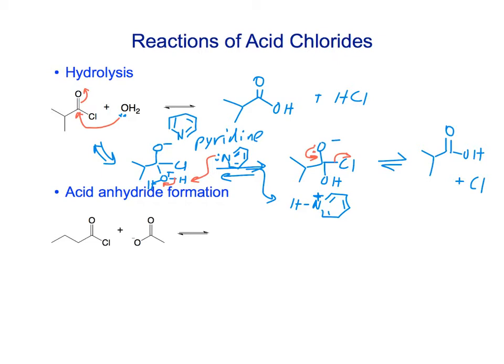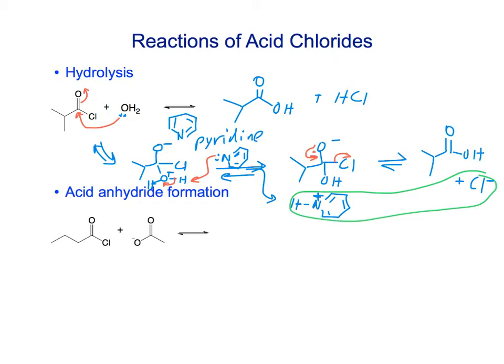Right here is our hydrochloric acid. It's just reacted with the base. So we have our conjugate acid and our conjugate base, and we should have a minus charge with that chloride. Okay?